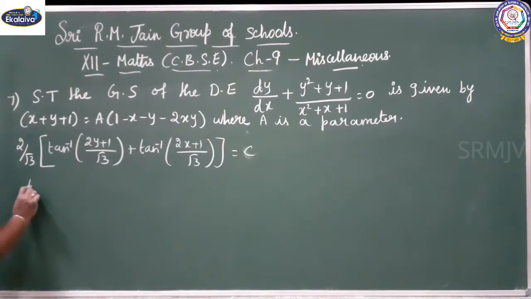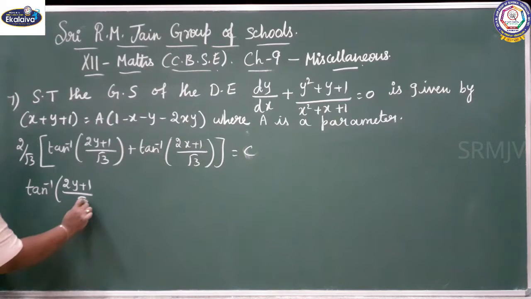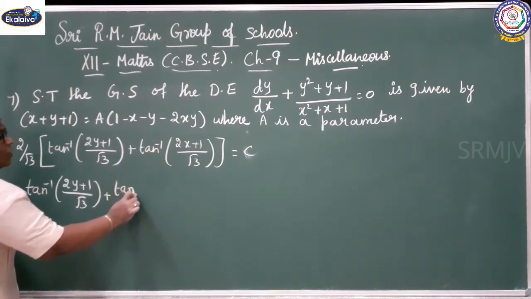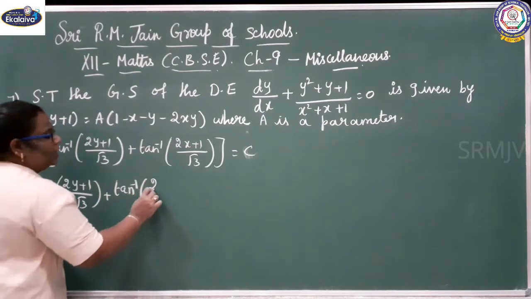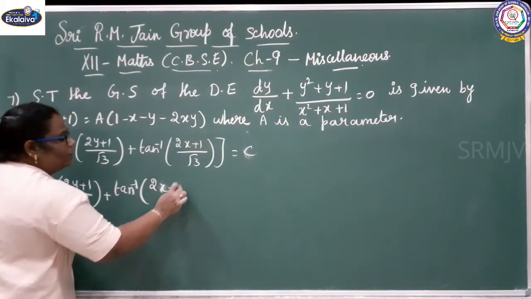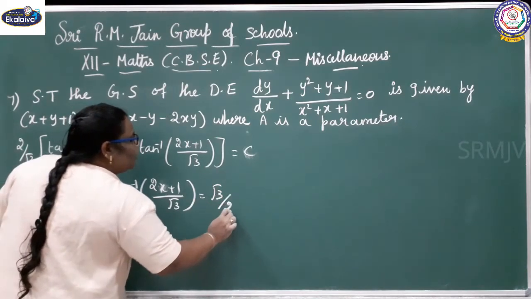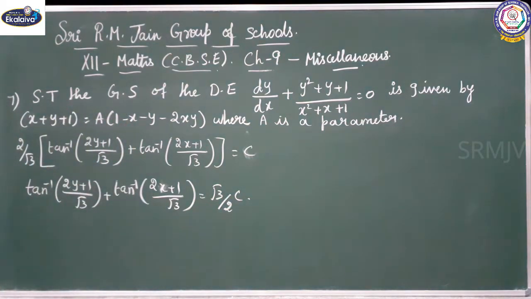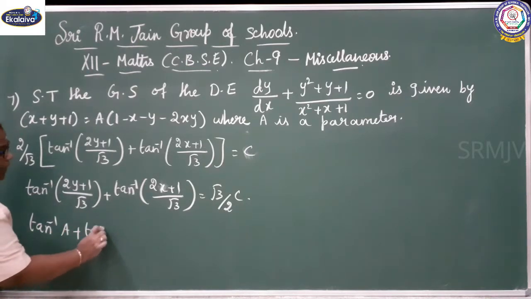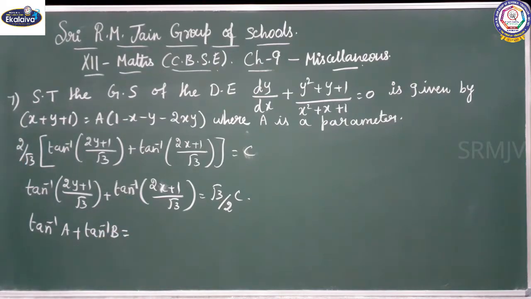See here, tan inverse of 2y plus 1 by root 3 plus tan inverse of 2x plus 1 by root 3 equals, you bring this value to the right hand side, its reciprocal, root 3 by 2 into c. So tan inverse of A plus tan inverse of B, what is the formula?